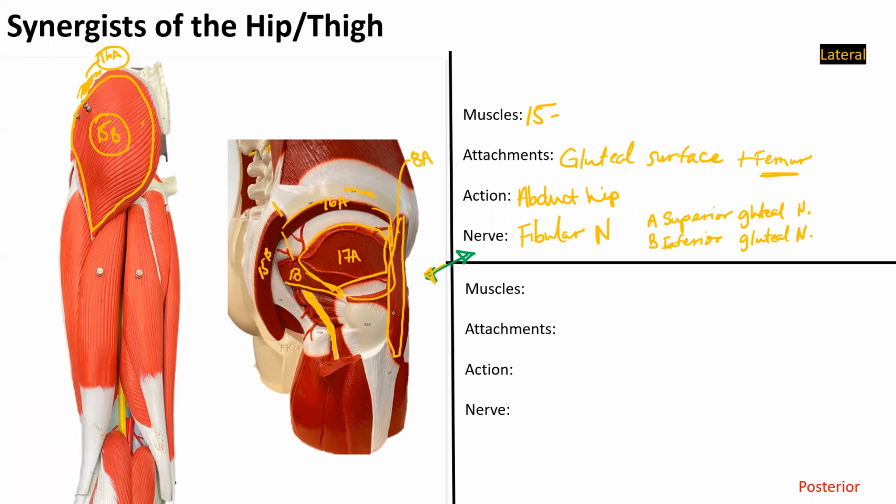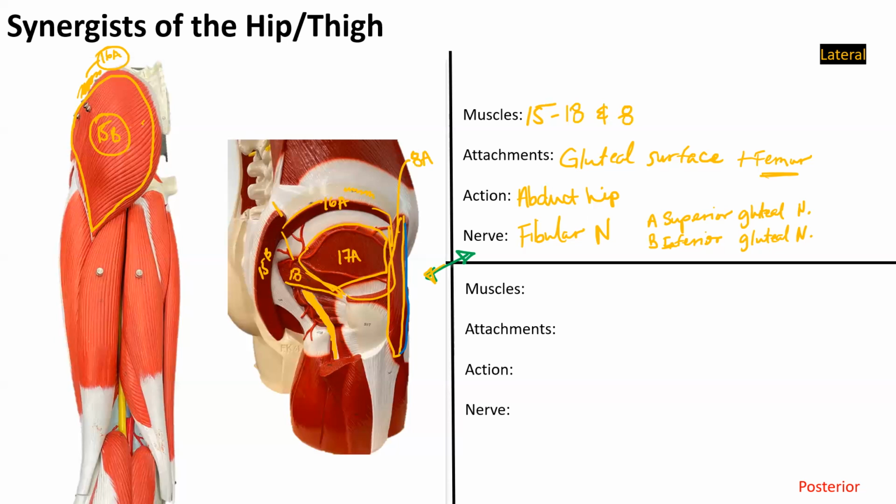Remember, the blue part is also 8 right there. Remember, this is tensor fascia lata. So tensor fascia lata is innervated by 2 nerves and has to span both the anterior and the lateral quadrants. So we're going to see that this goes all the way to number 18, and it includes 8. Okay.